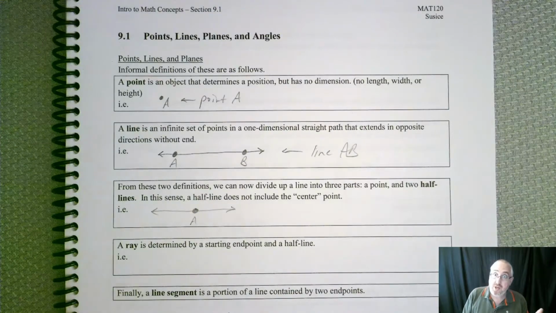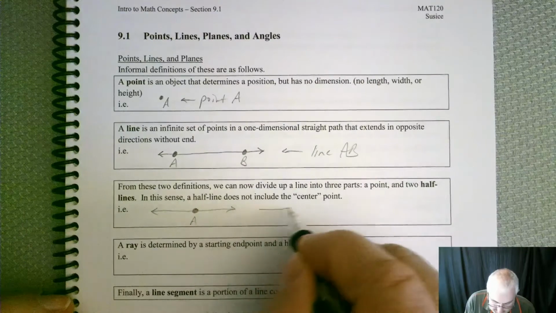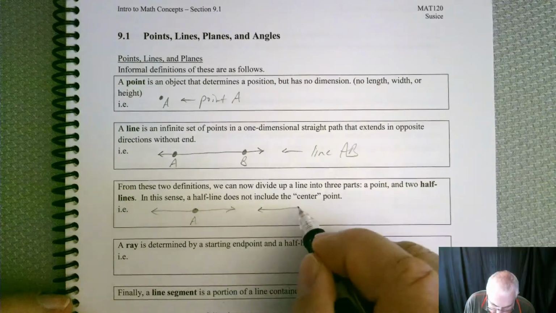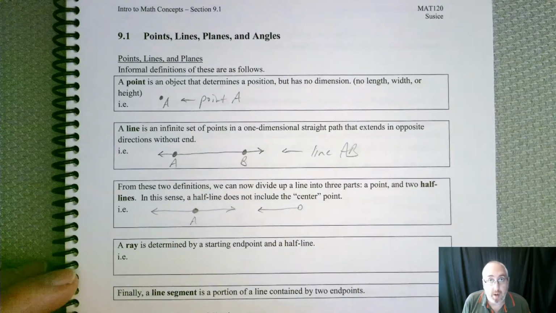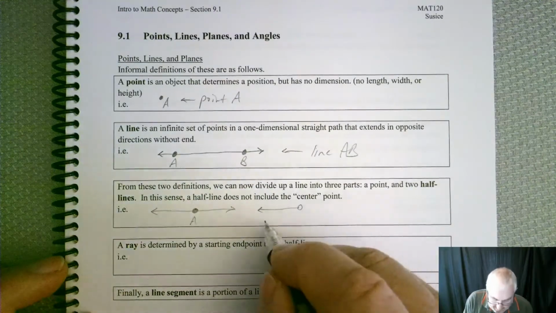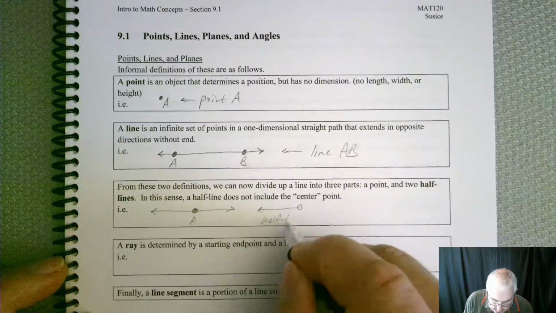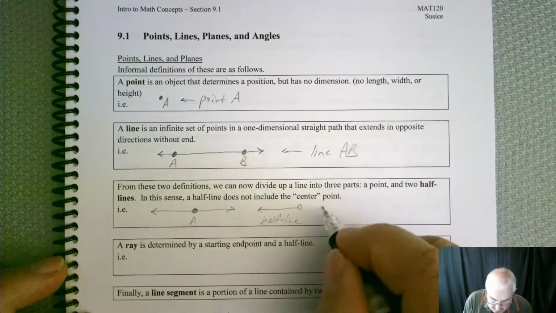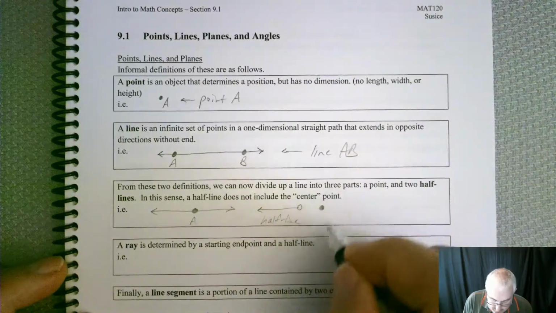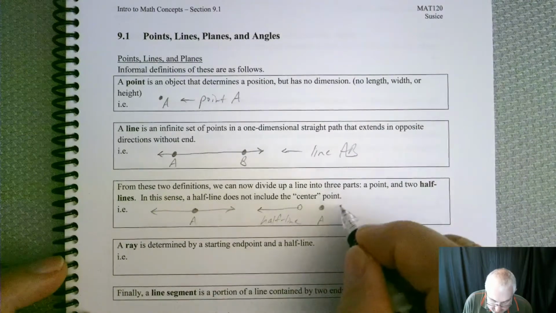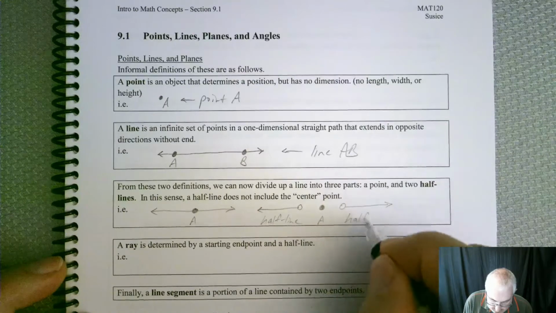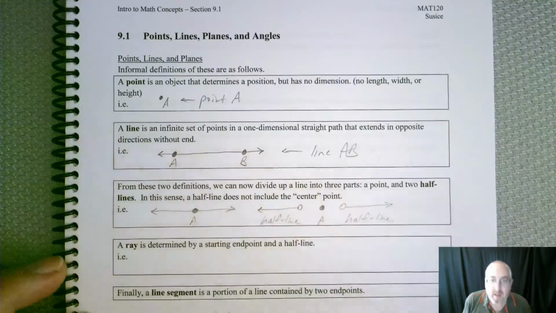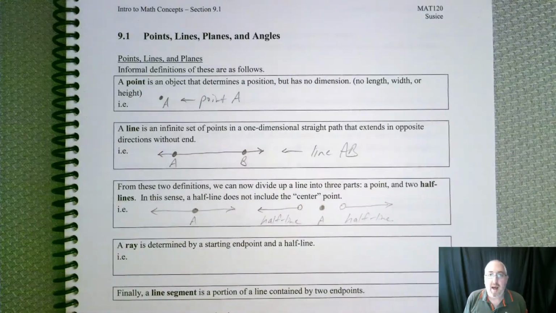We've got the left-hand chunk, the right-hand chunk, and then the point in the middle. So we'd have something like this. And how we do not include that point in the middle is we just put an open dot there. So we have a half line on this side. We have our center point. So there's A, and then we have our right-hand side. So again, this is another half line. So that's kind of how that would work.